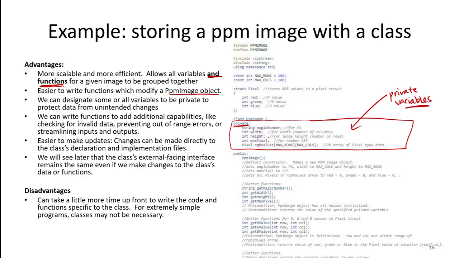So you'll notice in this example here, we have put all the image's variables to be private within that ppm image class. What this means is that these variables can only be accessed by the class's member functions.